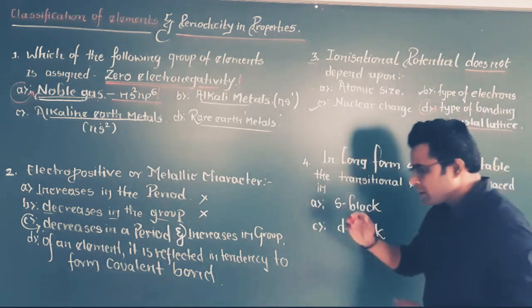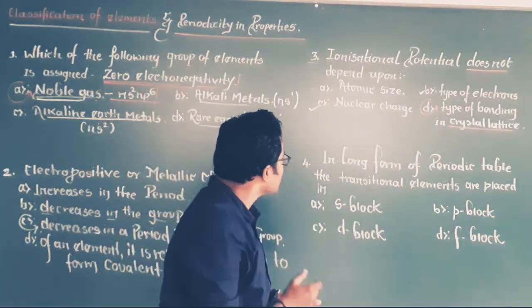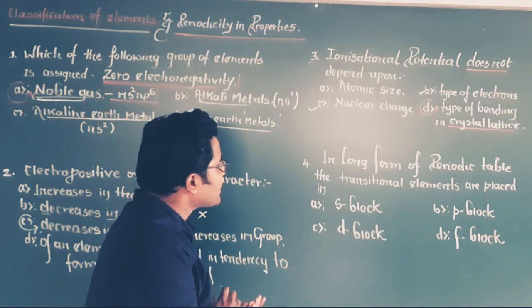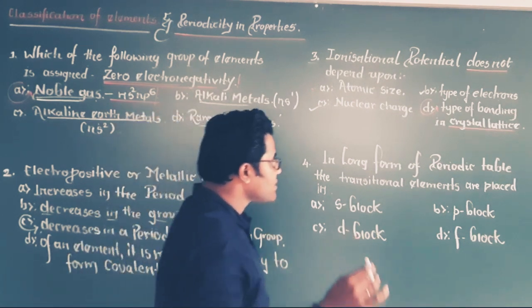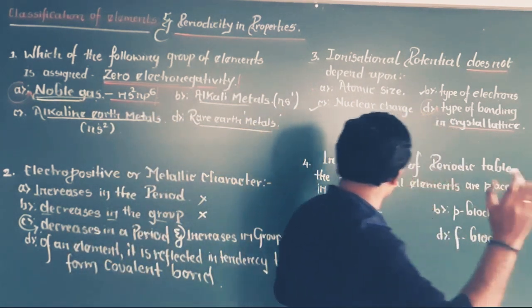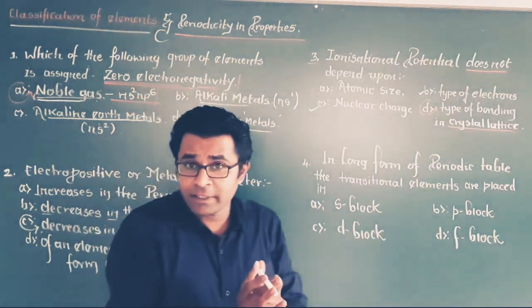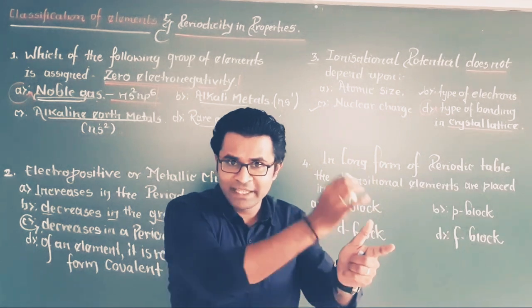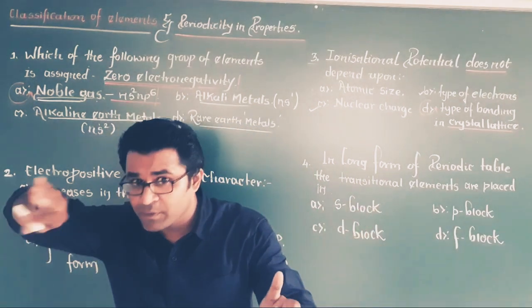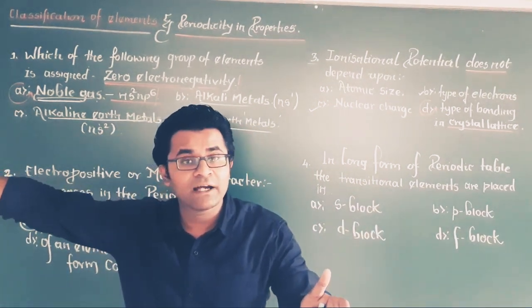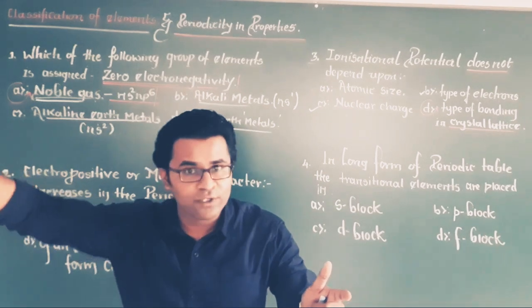Right? Now, coming towards the next one, and that is in the long form of periodic table, the transitional elements are placed in. Now, if you observe the periodic table carefully, the first two groups are S block, the last, from 13 to 18, is going to be the P block section.